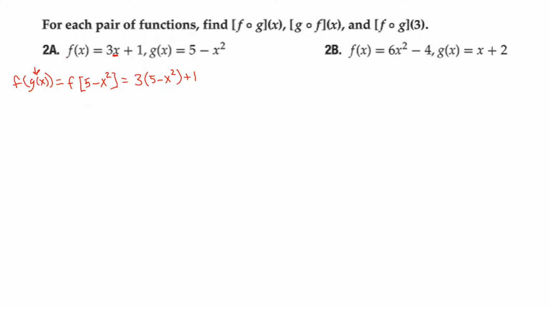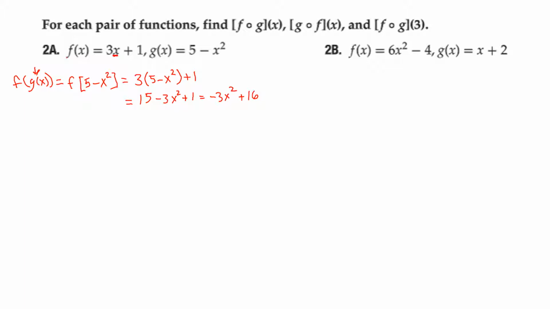And then I can simplify this a little bit, and I can get 15 minus 3x squared plus 1, which would be negative 3x squared plus 16. Okay, that's the one direction.